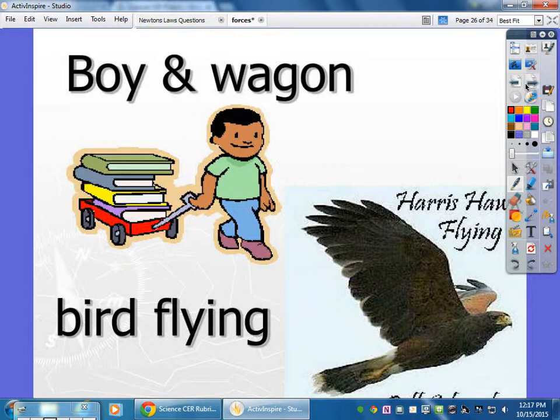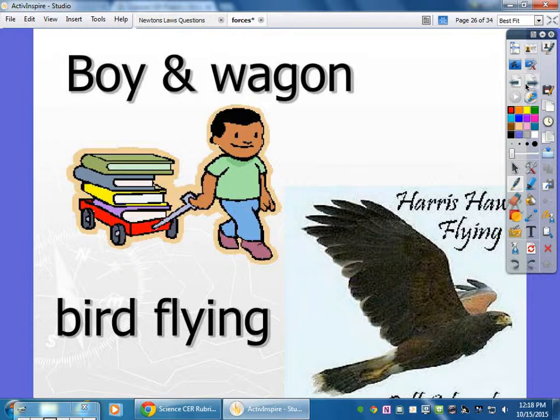It's bent back, which is not the normal position for your arm when you're walking. The reason is that the wagon is pulling on his arm. It's a real thing, and it involves inertia and friction and those sorts of things. But for now, let's just focus on the action force and the reaction force.